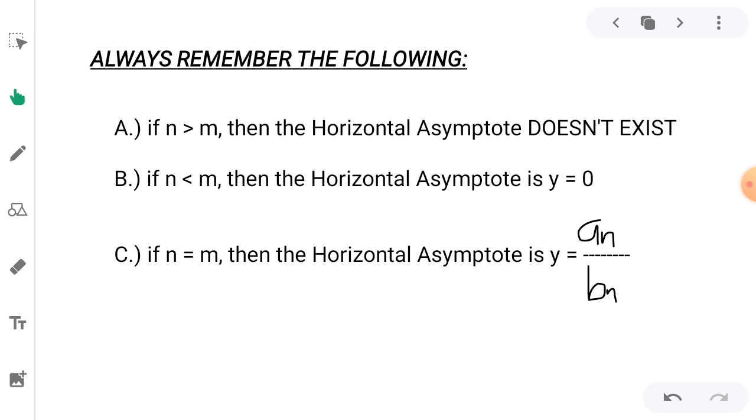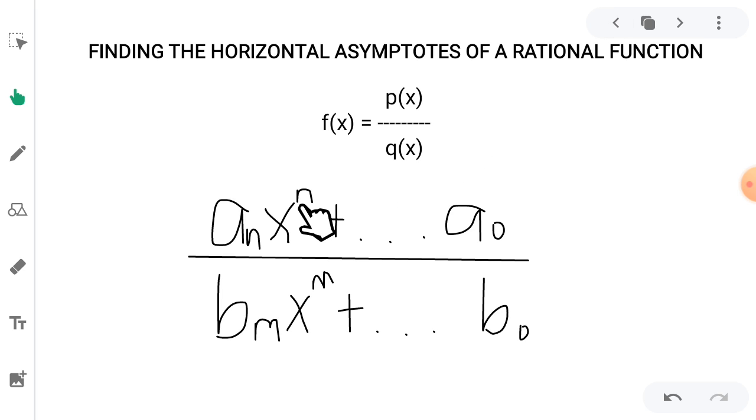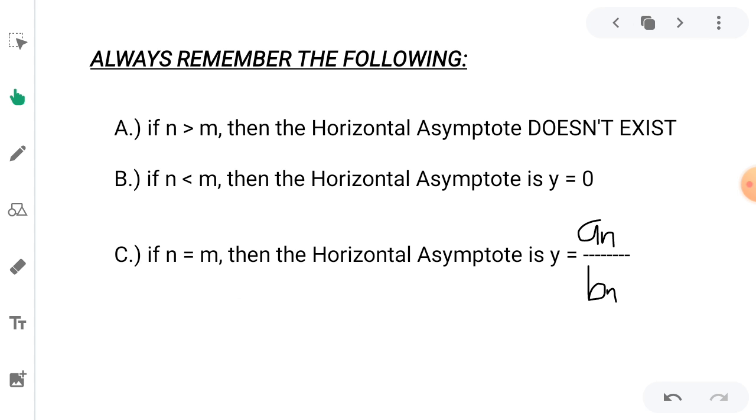First, if n is greater than m, then the horizontal asymptote doesn't exist. Meaning the letter n here is the numerator exponent and the letter m is the denominator exponent. So kapag mas malaki yung numerator exponent kaysa sa denominator, then the horizontal asymptote doesn't exist.